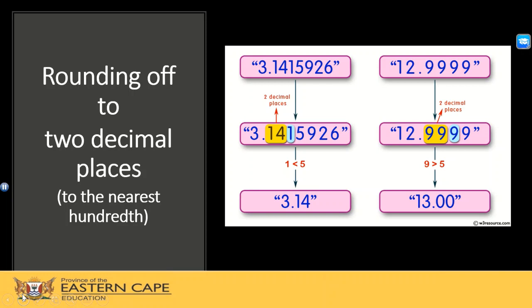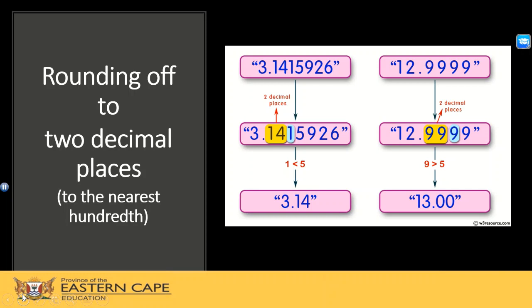You must look at the third number after the decimal place, because that is where the hundredth is. On your screen, that number is indicated in blue. So in the particular example that we are looking at, you see that 3.14 and the hundredth place, in other words, the 2 places after the decimal, is the highlighted number.